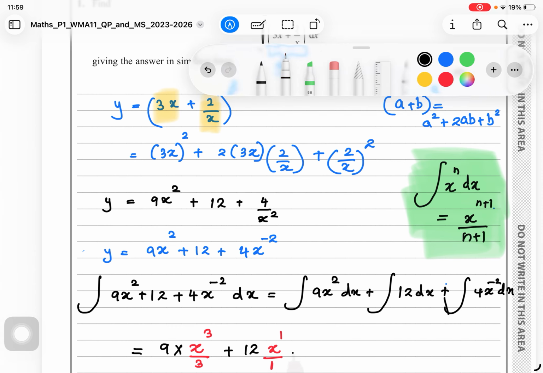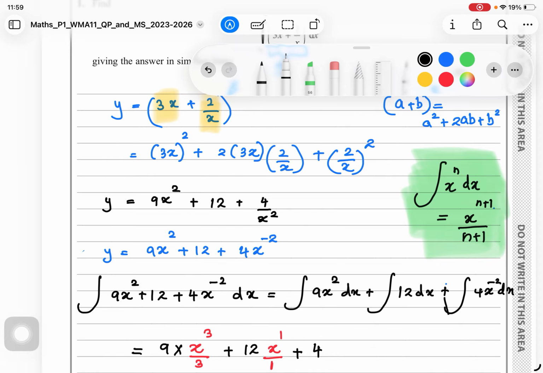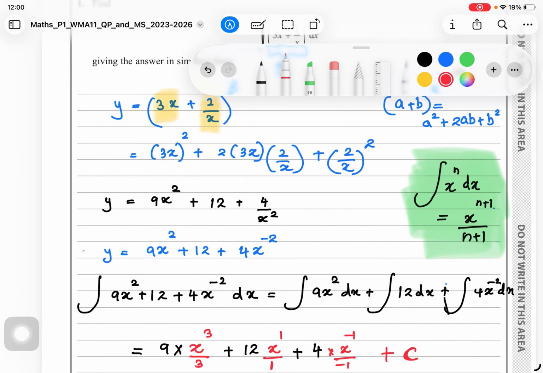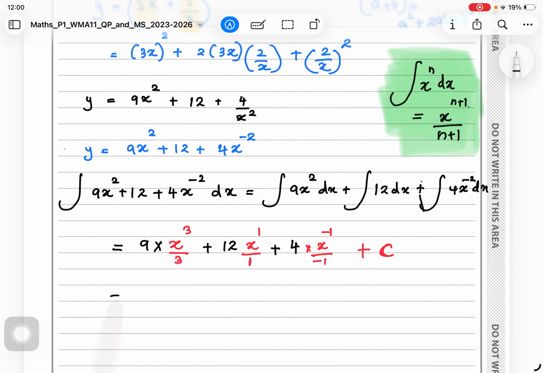Again, coming back to the other one, that will be 4, but x to the power negative 2 minus 1 will give you negative 1, so negative 1 divided by negative 1, and at the end you have plus c, which is the integral constant. Now we take this as 3x to the power 3 plus 12x minus 4, because 4 divided by negative 1 is minus 4, x to the power negative 1 plus c.